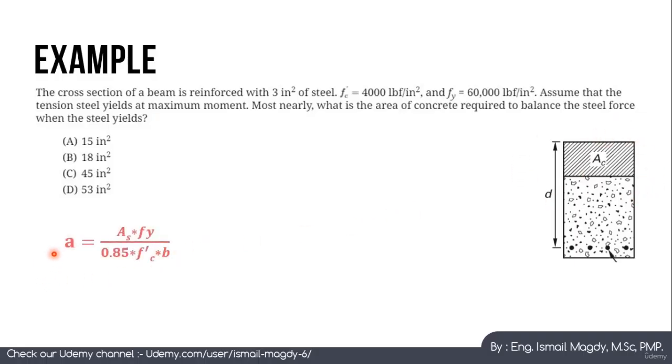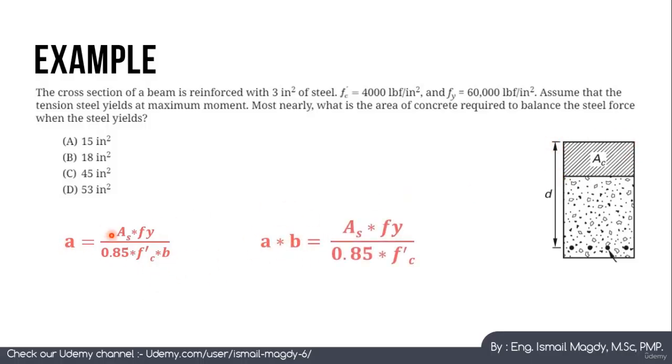We will start first with the equation, which says that a equals area of steel multiplied by fy over 0.85 fc' multiplied by b. We know the fc', we know the area of steel, and we know the fy, but we don't know the b, but it's okay because we want to calculate the area of concrete, which actually equals a multiplied by b.